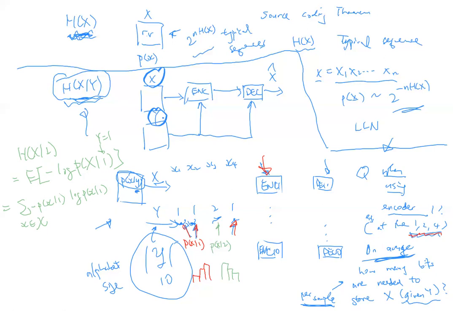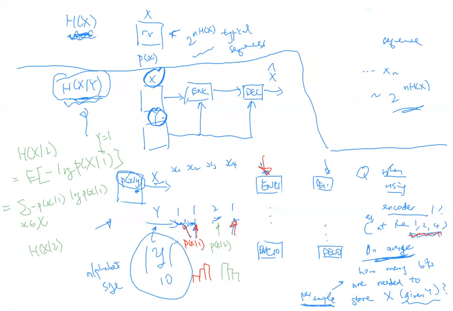And similarly, for the second case, when y equal to 2, H(X given 2) is the number of bits needed. So on average, how many bits are needed?